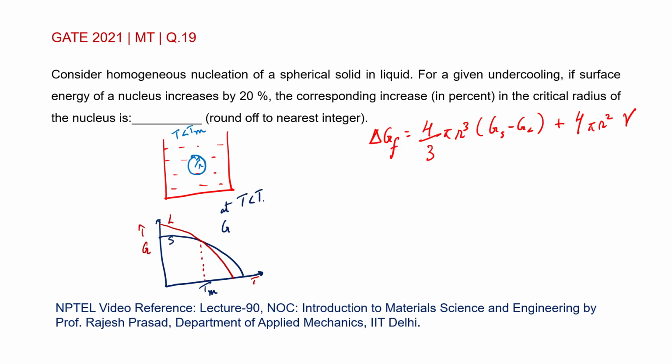At temperature less than melting point, the free energy for solid is less than the free energy for liquid. So solid phase is stable, and at temperature above the melting point temperature, the Gibbs free energy for liquid is less than that for solid, so liquid is stable in this region above.